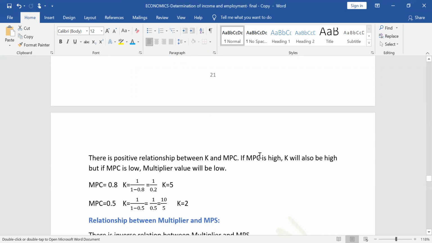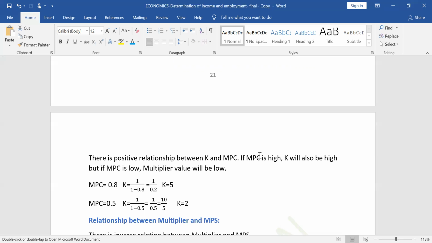If people consume 70% of their income, MPC will be 0.7. If people consume 85% of their income, MPC will be 0.85. So MPC shows the proportion of income the people of an economy are consuming.